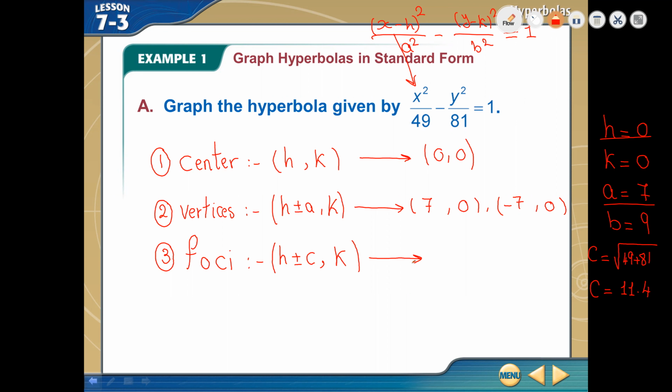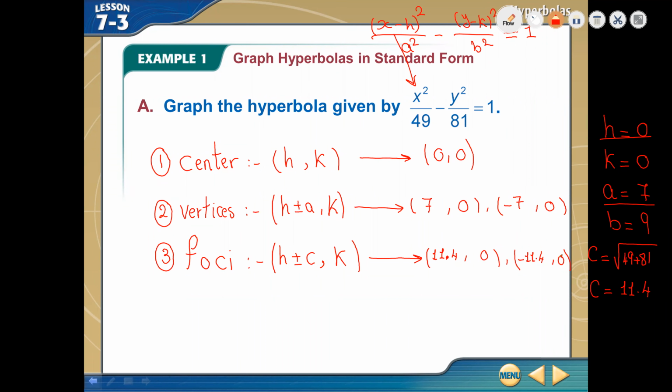So these are my points. Can you substitute and give me the value of the 2 points? The first one is 11.4, 0, and the other is negative 11.4, 0.